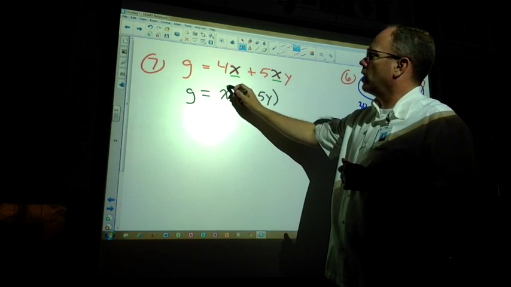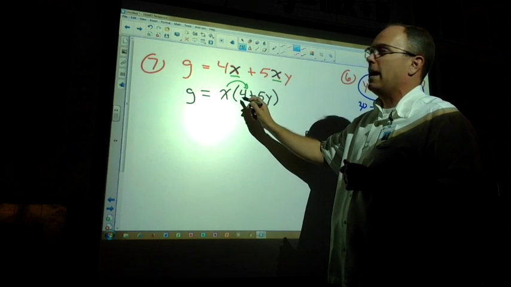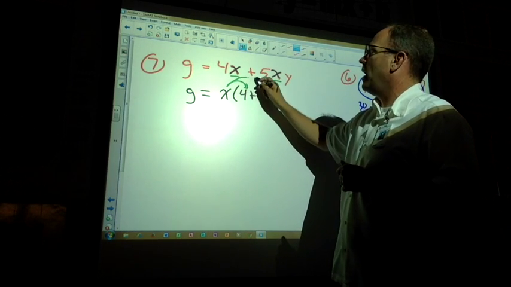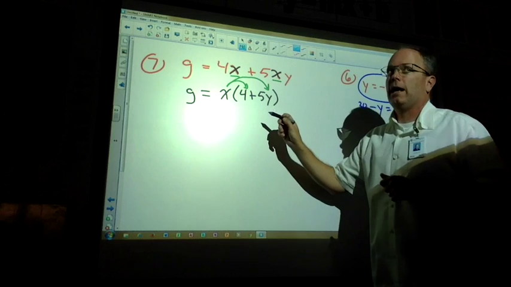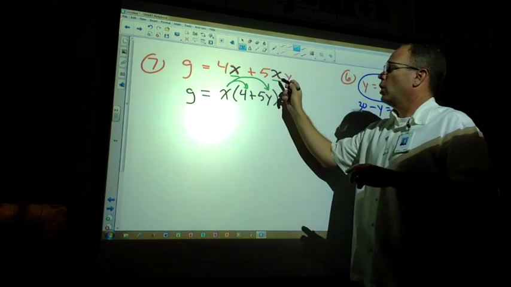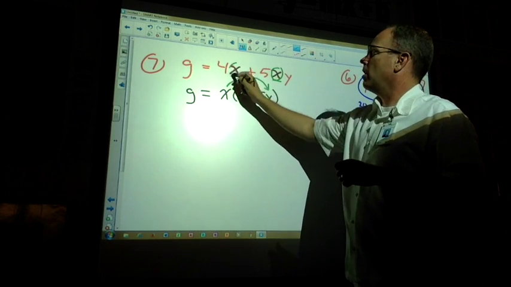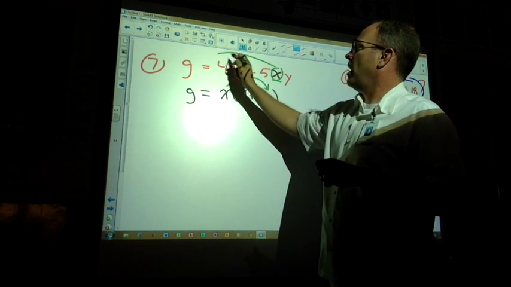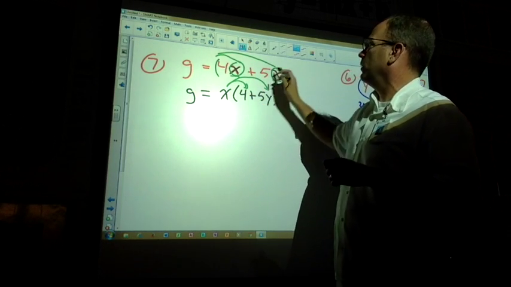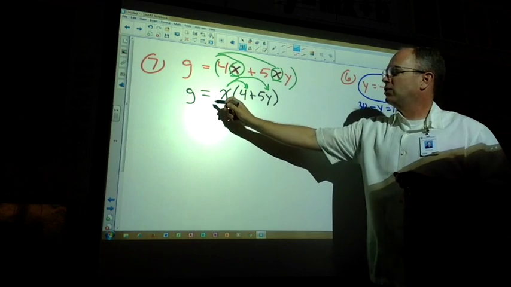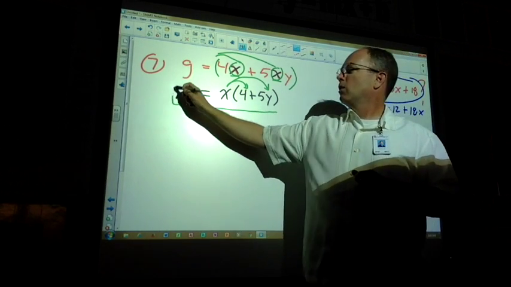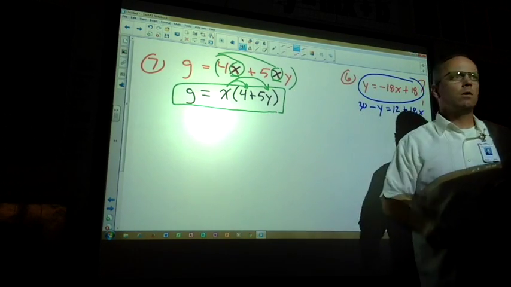If I were to go X times 4, what would I get? 4x. If I were to go X times 5y, what would I get? 5xy. So since I had x here and here on both of these terms, if I pull it out and group this, does this appear to be the right thing to do so far? Yeah.